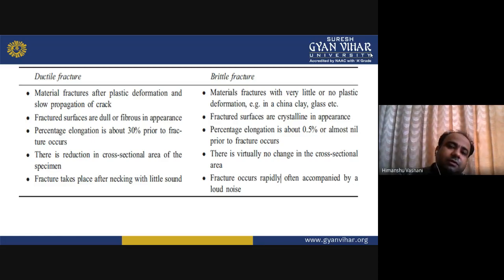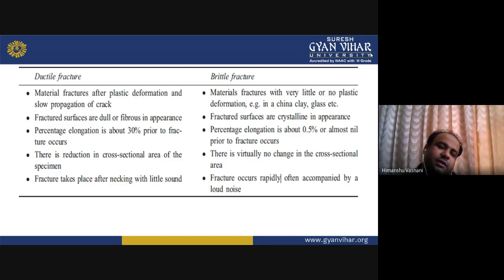You might have seen in your day-to-day life, whenever you break a glass or heavy material, a loud sound comes, accompanied by fracture and scattering of the material. The sound comes because brittle fracture happens suddenly with no elongation, whereas in ductile fracture the material elongates and the cross-sectional area decreases.